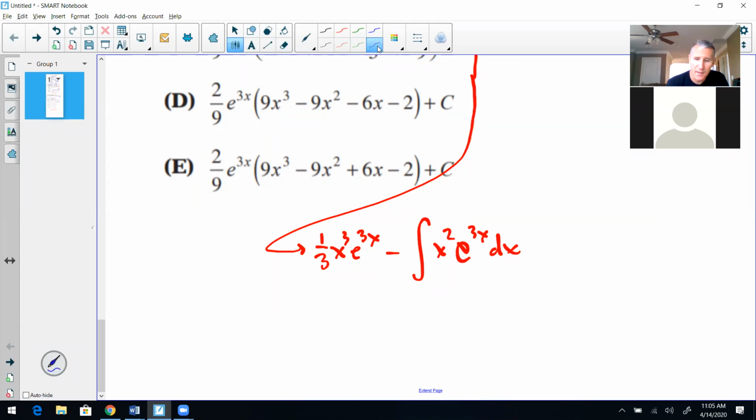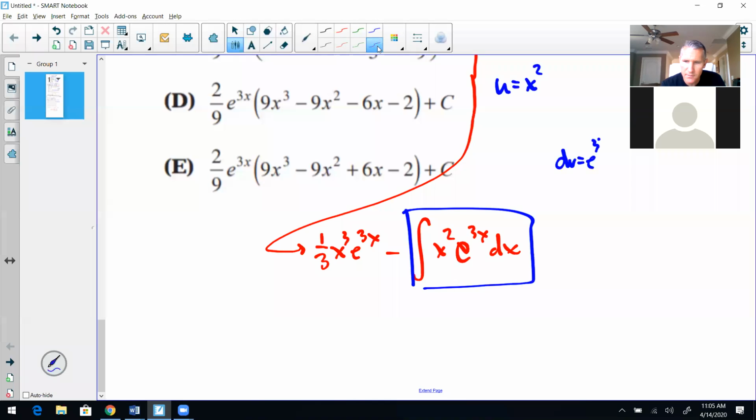So now for this integral, I'm going to do another integration by parts, where u equals x squared and dv equals e to the 3x dx. So v is again 1/3 e to the 3x, and du equals 2x dx.